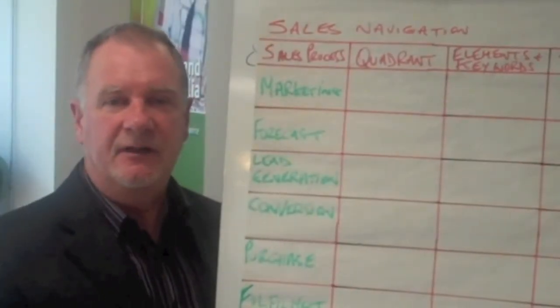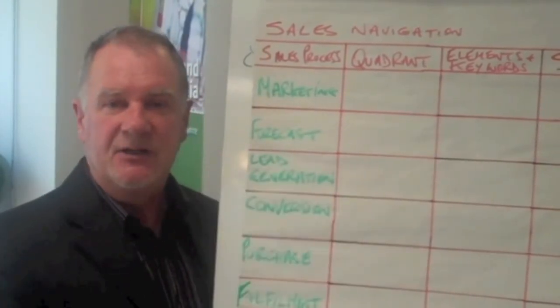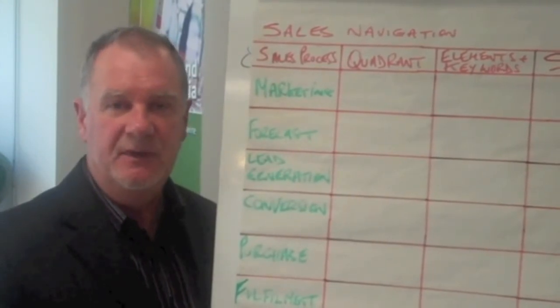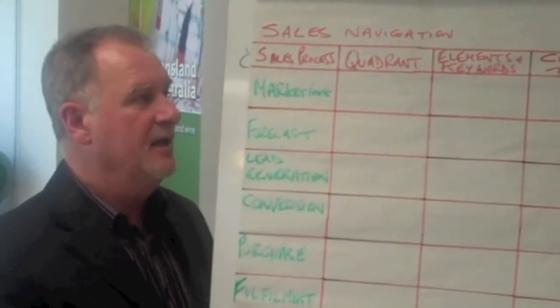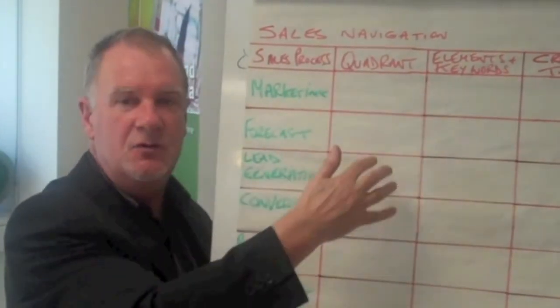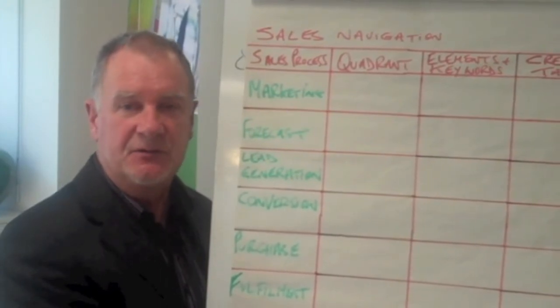So I think by now you're getting the idea that we're going through each of these elements in turn, and each element is described in terms of its terminology and its meaning in your logbooks. But what we're doing is putting together a picture of how we navigate through a typical sales process.